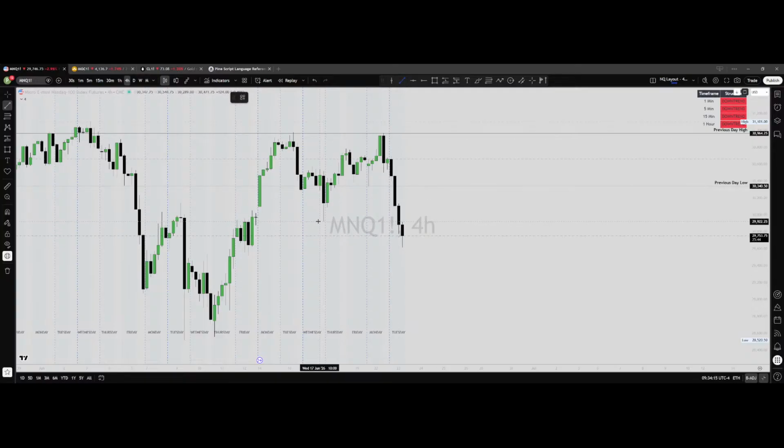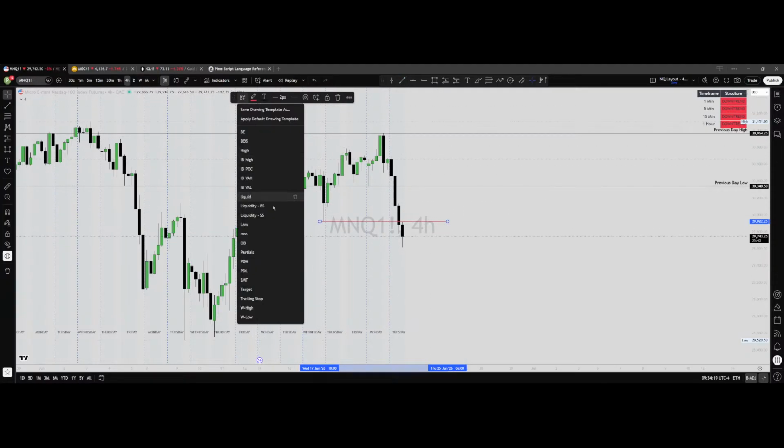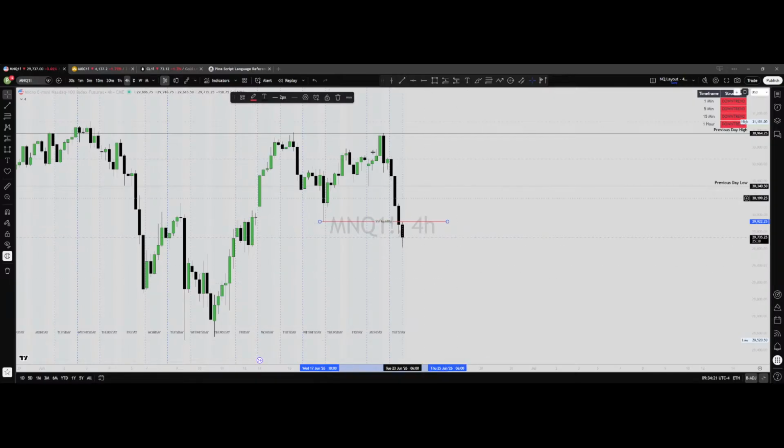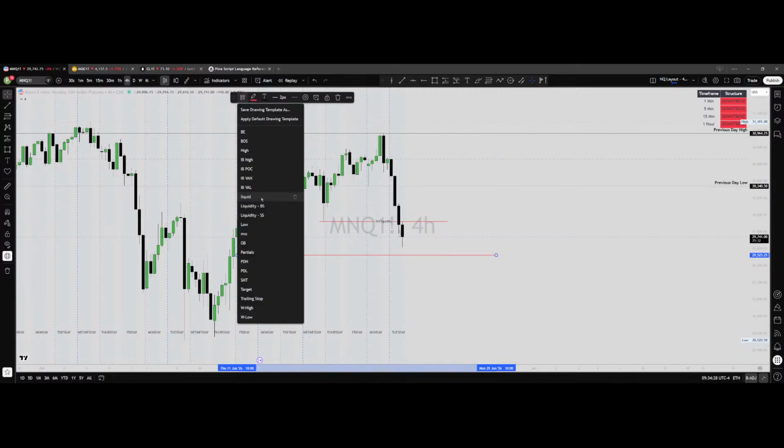We have this low. Now this low has been swept. Gap has been filled. So the closest sell side liquidity here is 29,525.